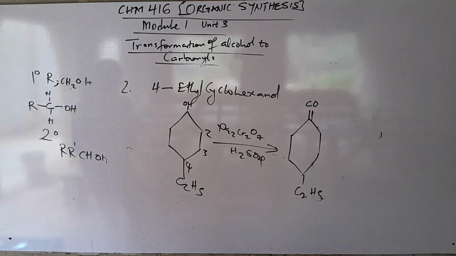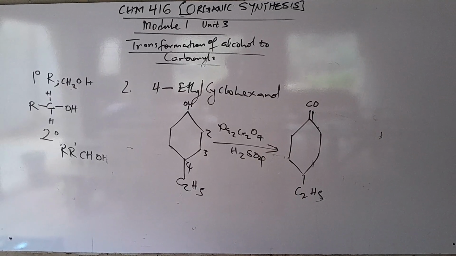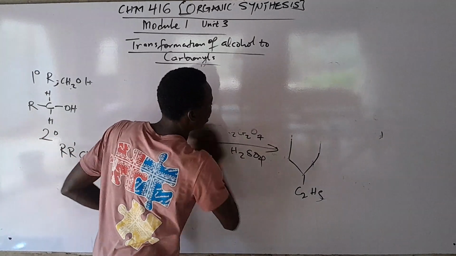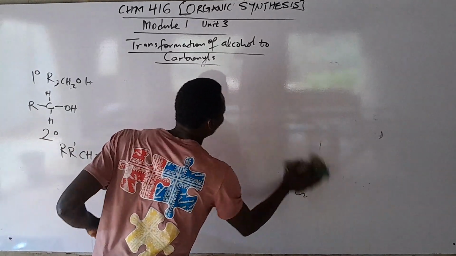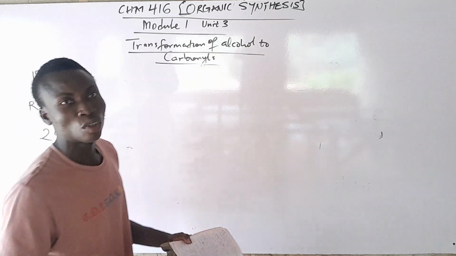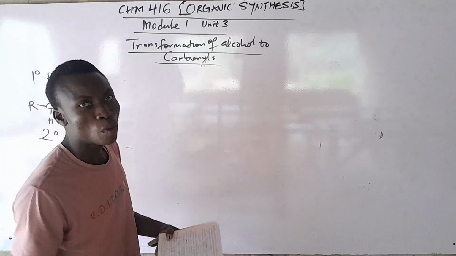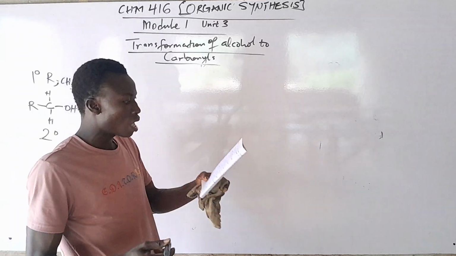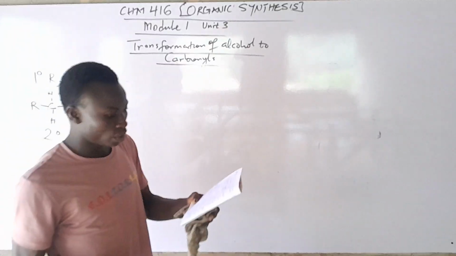So I proceed to the Jones reagent. That is what we have to discuss right now. When we're talking about Jones reagent, why do we have it? Different chemists usually come up with a typical reagent that suits a particular reaction or process.